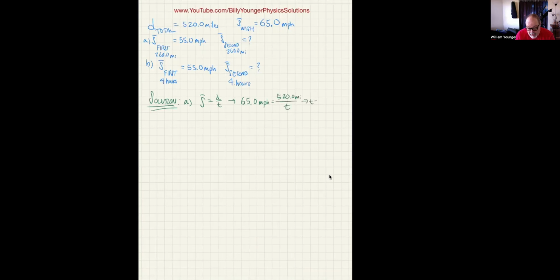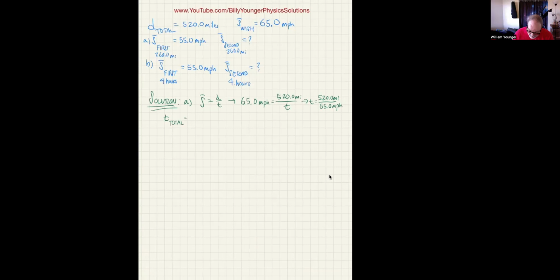And then, of course, I could solve for time by dividing 520 by 65. So that's 520.0 miles divided by 65.0 miles per hour. And that would give me T total, which means the total time of the trip.